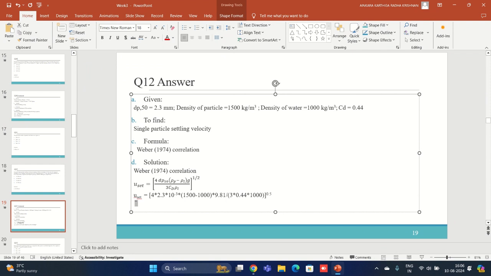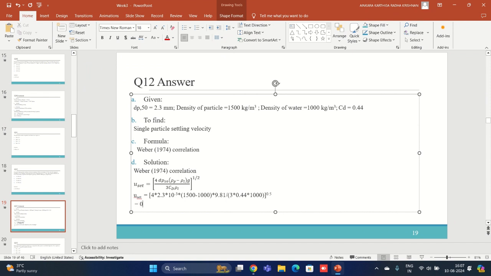Now we'll just calculate the answer. It is 4 into 2.3 into 10 power minus 3 because it is 2.3 mm, into 1500 minus 1000, into 9.81, divided by 3, divided by CD, that is 0.44, and divided by rho L, that is 1000, and the whole to the power of 0.5.